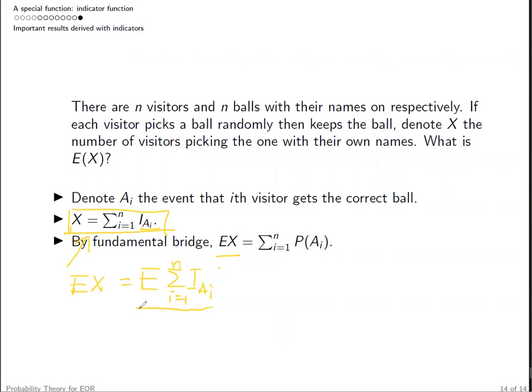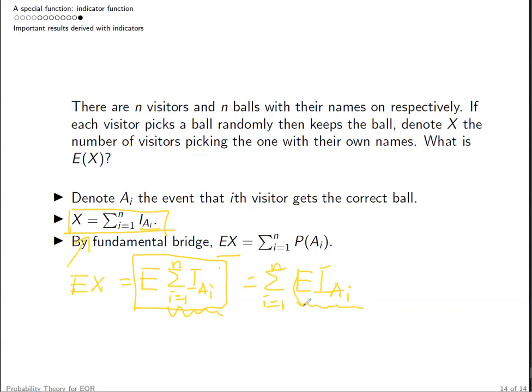Because now we are only working with summations of finite terms, finite bounded terms. I_{A_i} is always smaller or equal to 1, sometimes equal to 0. But anyway, it's a summation of finite bounded terms. And it's safe to say that we can interchange the order of the expectation and the summation according to the linearity of expectation. When the expectation is well defined, we can safely do this.